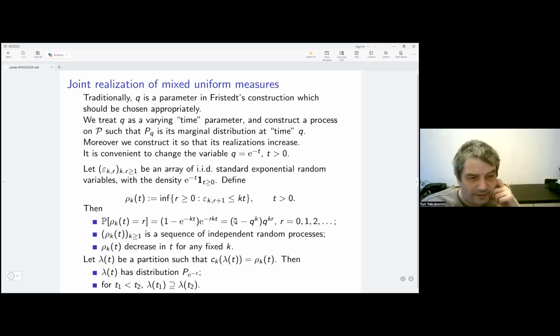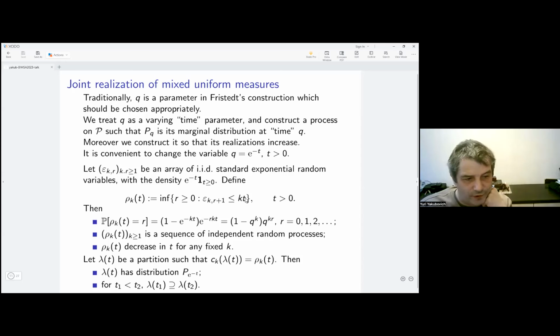And then we define the process rho k of t as the minimal number r such that epsilon, with the second index r plus 1, becomes less than kt. So two indexes are needed here.